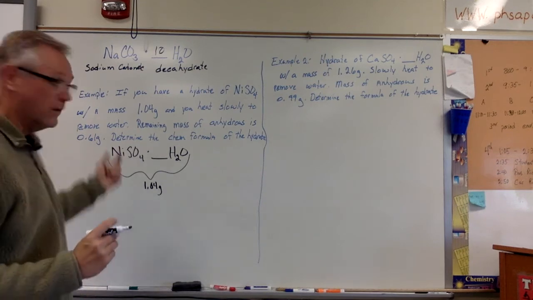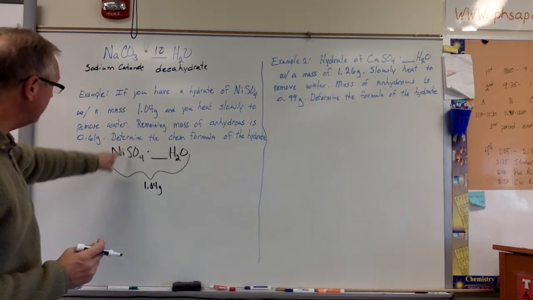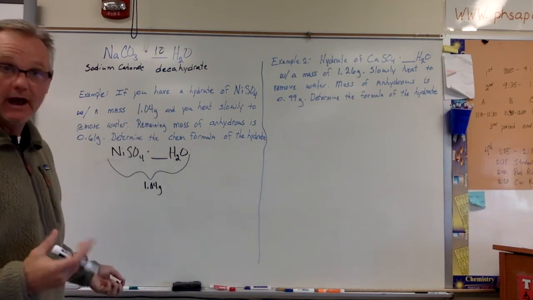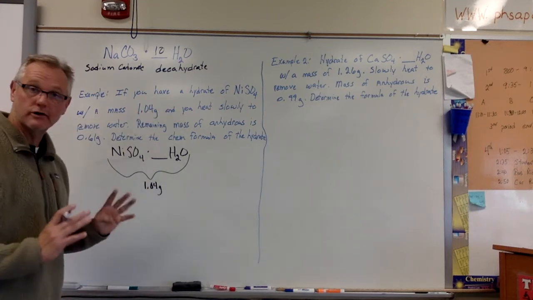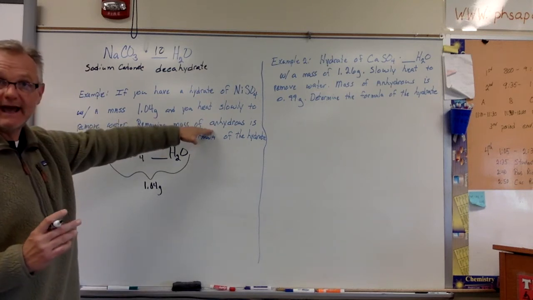So I know that when I start, I have 1.04 grams of that. Now, it also says that I heat it up, and y'all know that if you heat it up, the water is going to evaporate out, and it leaves me with what is known as an anhydrous.